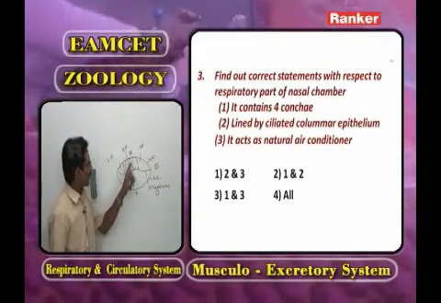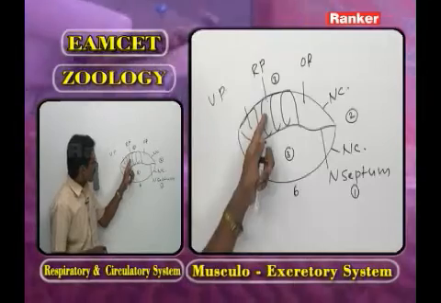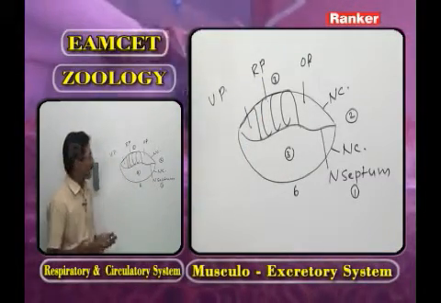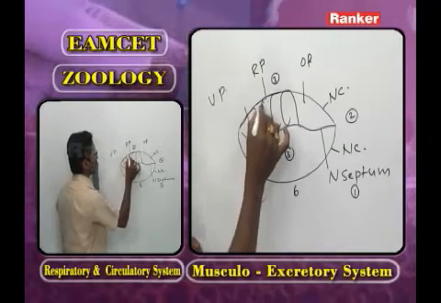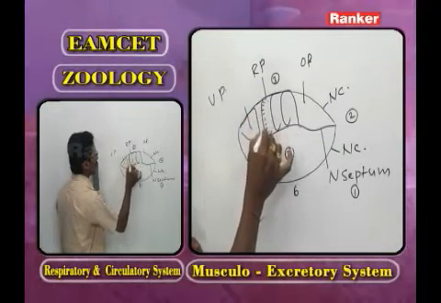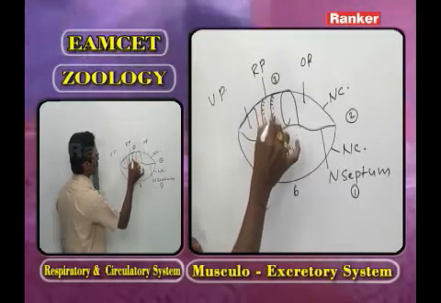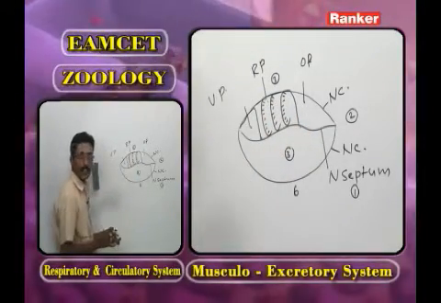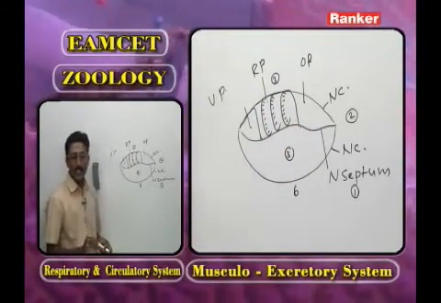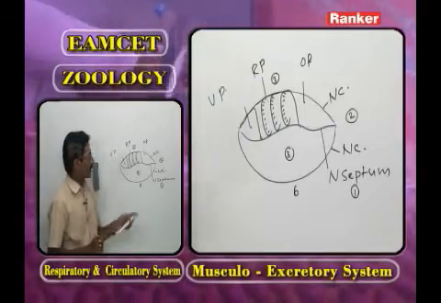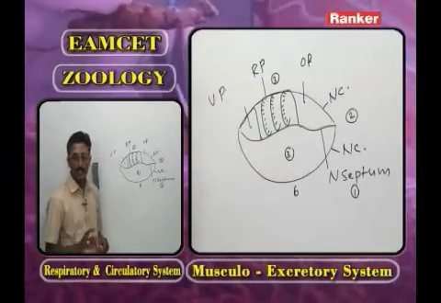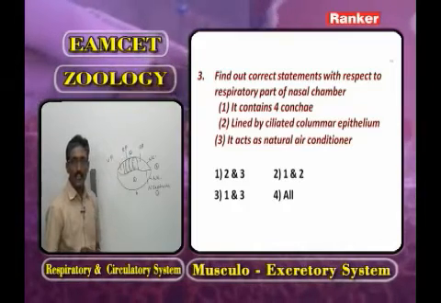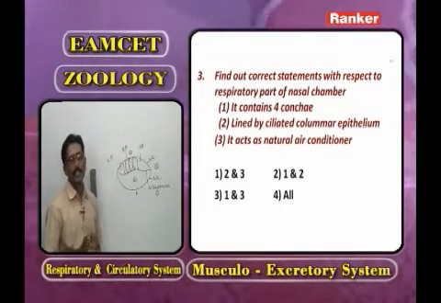Second, these conchae or turbinals are lined by the ciliated columnar epithelial cells. Each turbinal or concha is lined by ciliated columnar epithelium. Second statement correct. Third, this respiratory part acts as natural air conditioner.